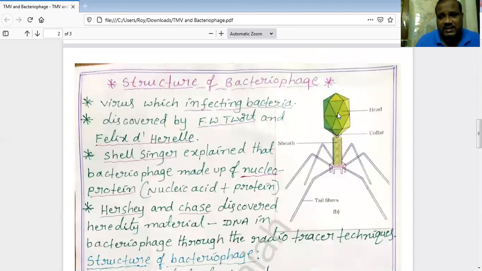This is the head, and below this, tail is present. This head and tail are joined by collar and neck. The function of the collar is not known.